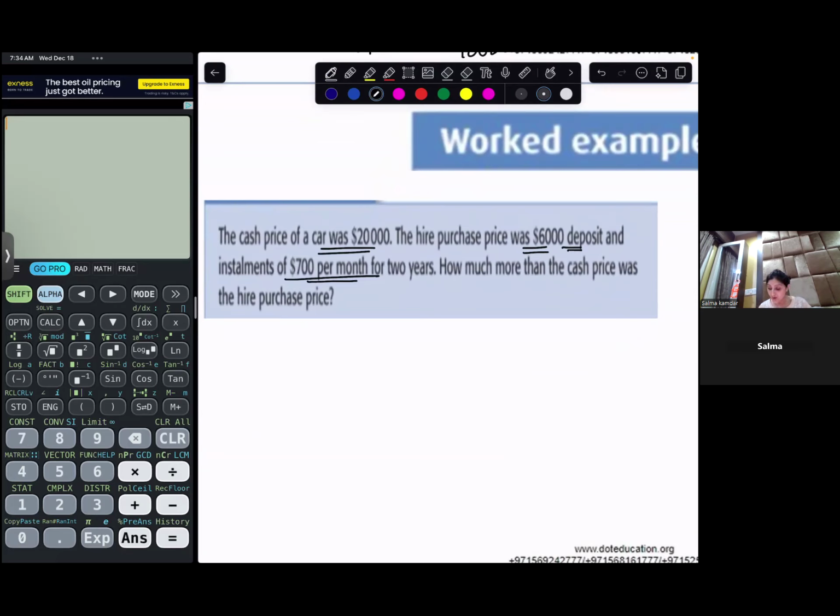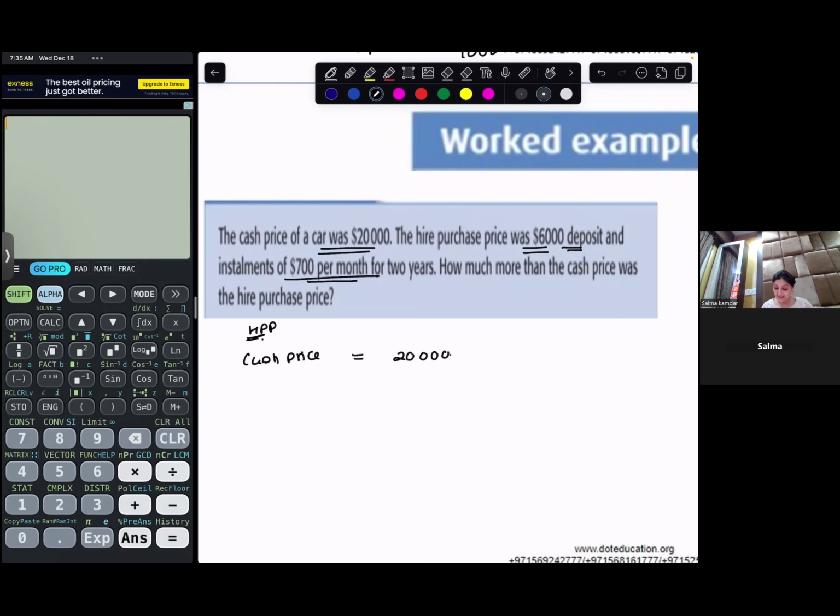How much more than the cash price was the hire purchase price? That means I have to find out the hire purchase price. Cash price of the car was 20,000. So I know my total cash price of the car was how much? It was 20,000.